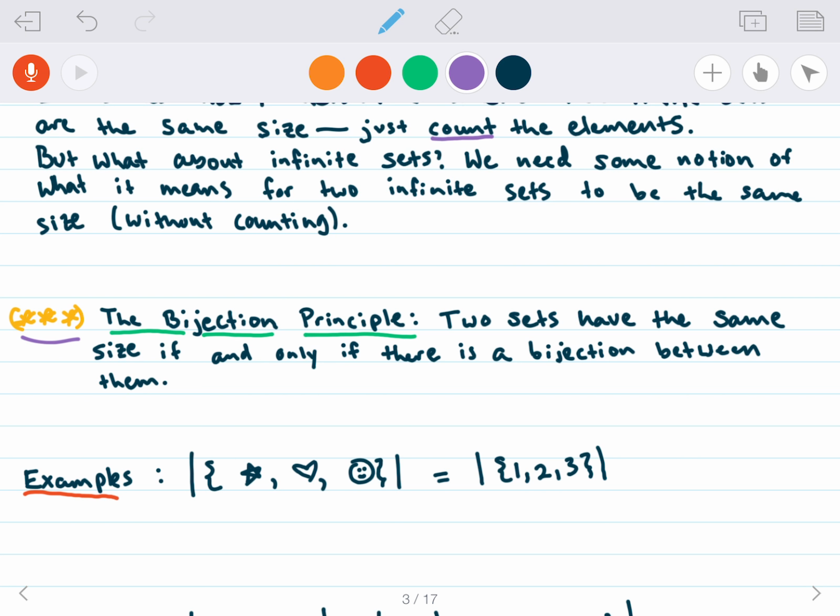We have 3 elements, star, heart, and face, and that set's cardinality is equal to the cardinality of 1, 2, 3. Why is that? We're going to get more formal with this, but I want to give you some intuition of what's happening when we get to more complicated sets. If star, heart, and face is a set A, and 1, 2, 3 is a set B, we can construct a bijection between these, right?